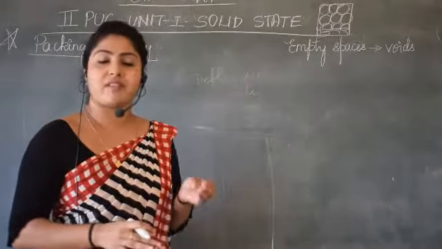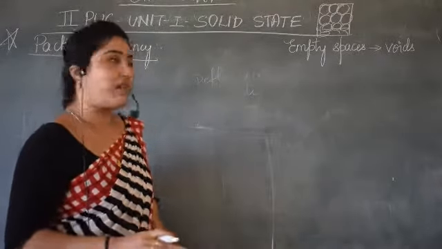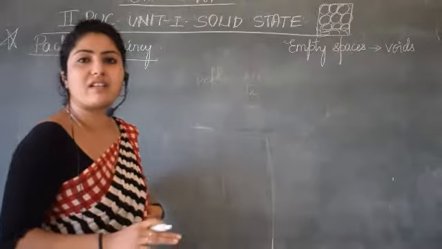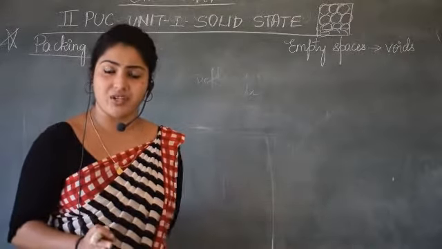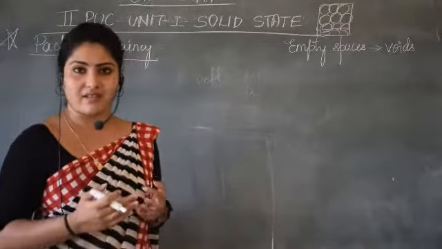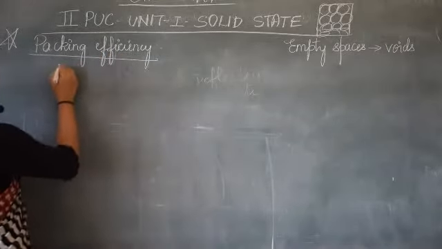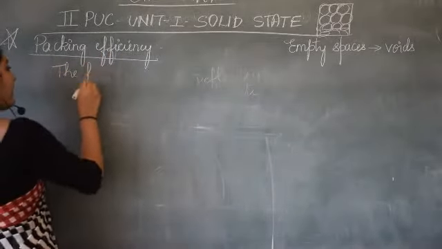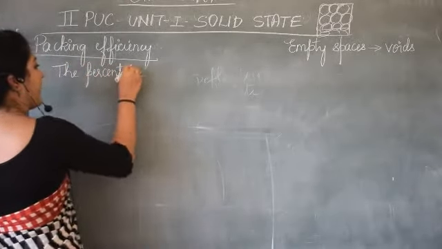The percentage of the space filled by the constituent particles in the crystal system or unit cell is called packing efficiency. How efficiently the packing has been done, that is what it means. So how do you define packing efficiency? In terms of percentage we calculate this.